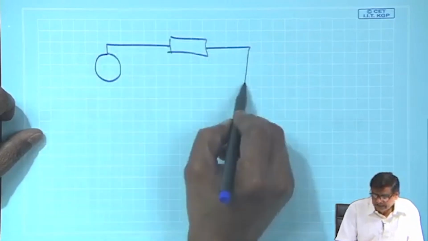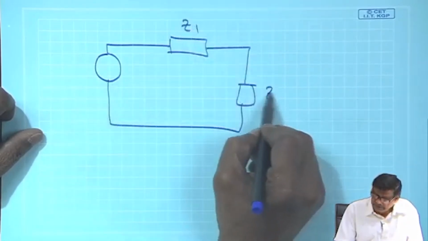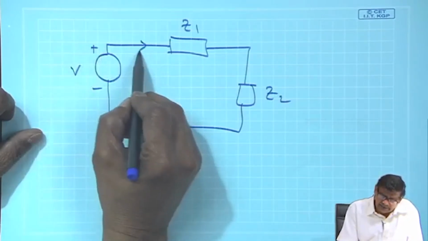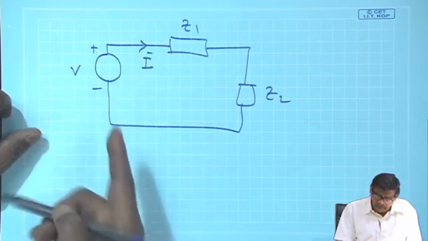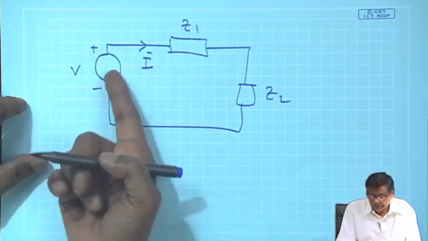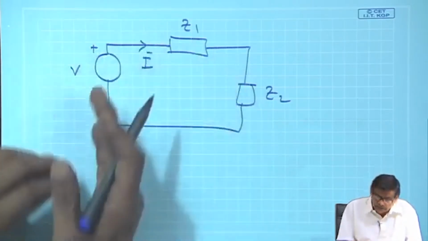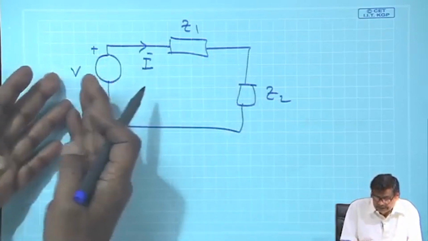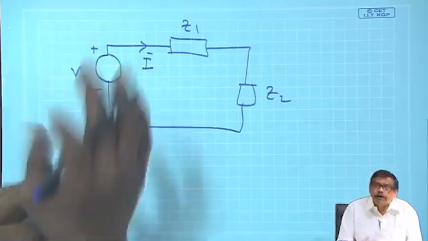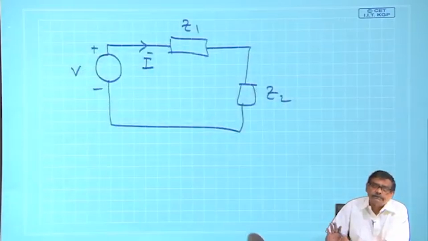You recall that from circuit point of view, if you have a source here, and suppose you have two impedances like this, one is Z1, another is Z2, and suppose this voltage is V and it is delivering some current I. When current comes out from the positive terminal of a particular element, we say that this element is delivering power to the other components present in the circuit.